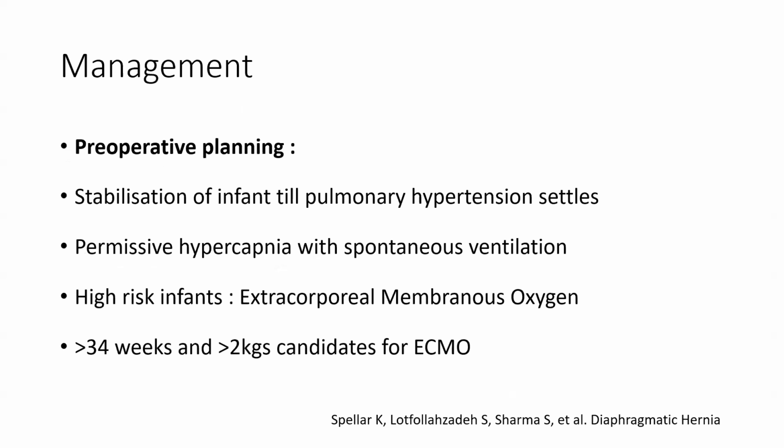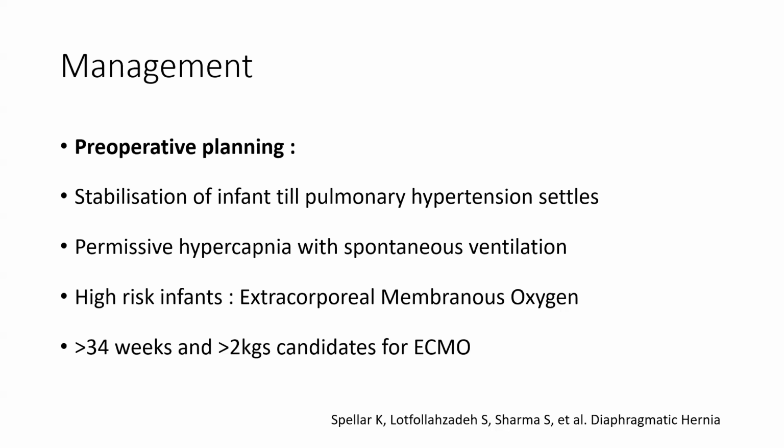Coming to the management, immediate surgical repair does not correct the fixed lung volumes nor expedite the vascular remodeling and subsequent resolution of the pulmonary hypertension. Therefore, stabilization of the infant should precede operative repair, which should be delayed until the pulmonary hypertension is controlled.